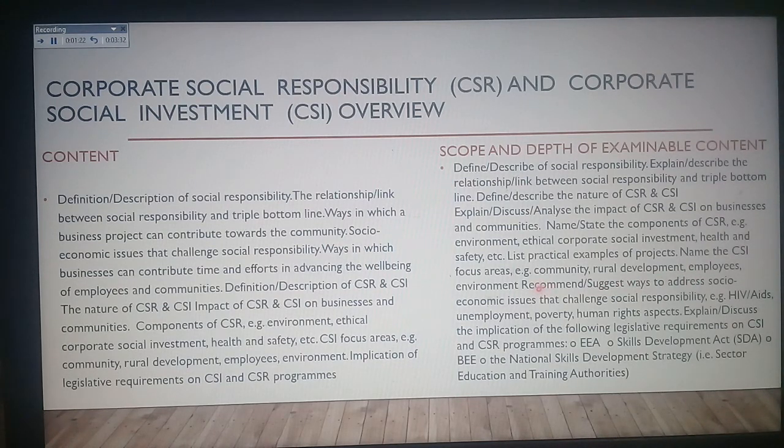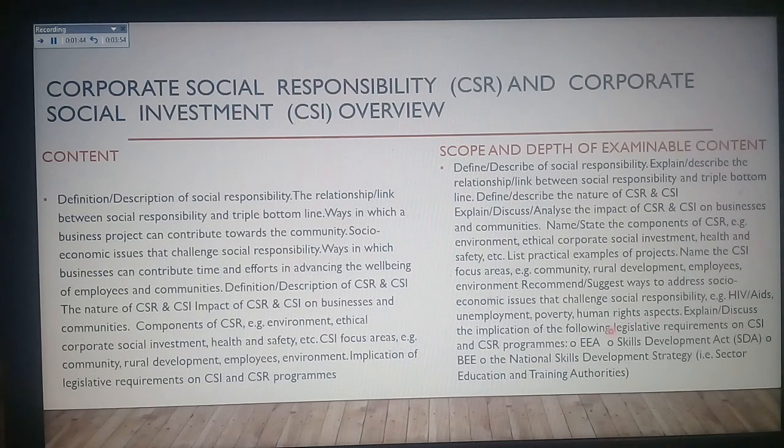You will also be required to recommend or suggest ways that we can address socio-economic issues. When we refer to socio-economic issues, we are referring to things like HIV and AIDS, unemployment, poverty, human rights, and so forth. Crime also, inequality.